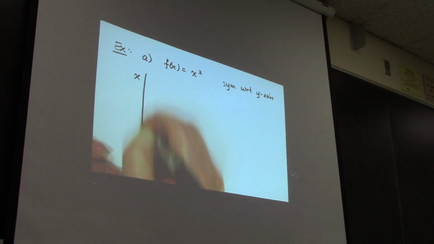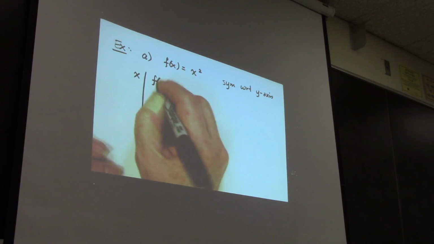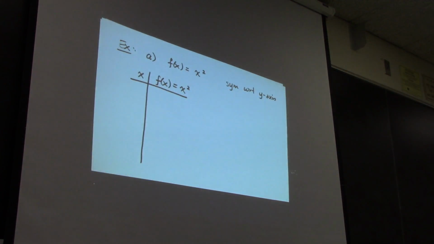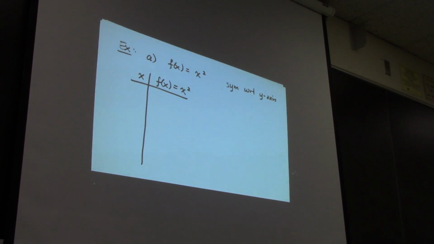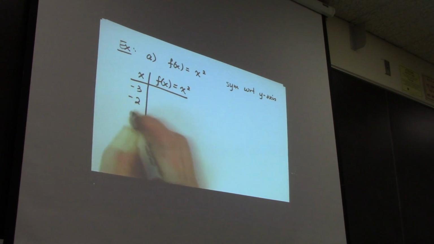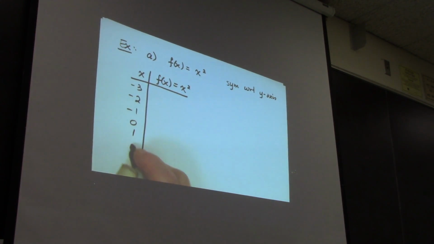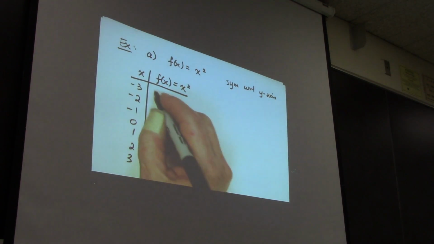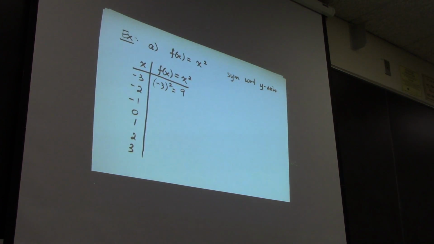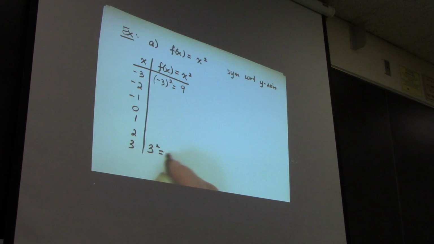Now, even though there is symmetry with respect to the y-axis, I'm going to make an entire table because I want us to have these points memorized. The points from -3 to +3. So, -3 squared is 9. +3 squared is 9.